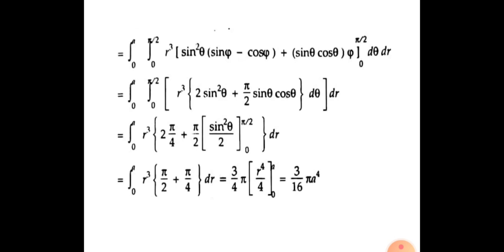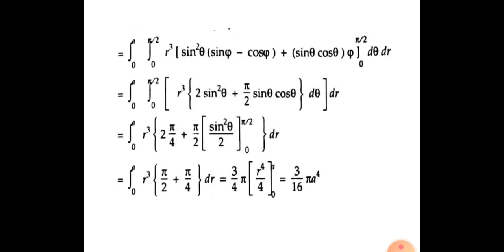After applying the upper limit for sin phi, cos phi and phi, and completing the simplification, we get r cube, 2 sin square theta plus pi by 2 sin theta cos theta d theta.